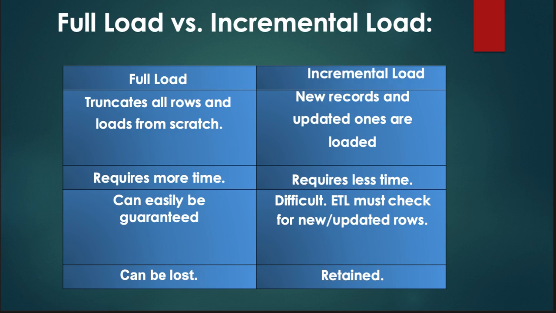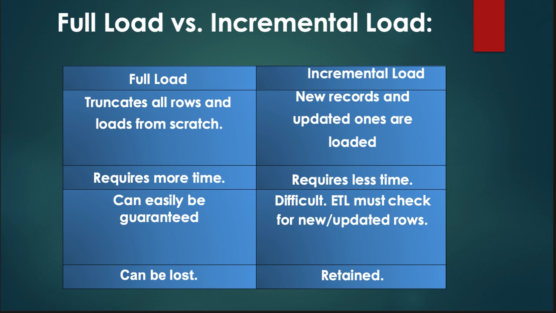On the left is full load, and incremental load on the right. For full load we truncate all rows and load from scratch, as compared to incremental load, where new records and updated ones are loaded, not all, just the updated ones. Full load requires more time, incremental less time. Full load is also easily guaranteed, there's nothing to worry about.